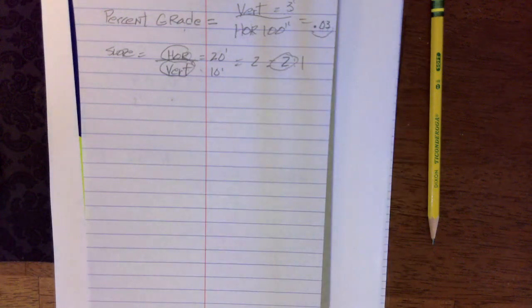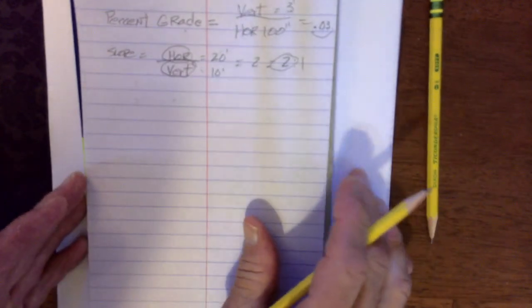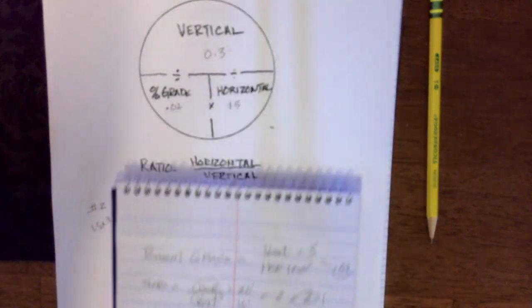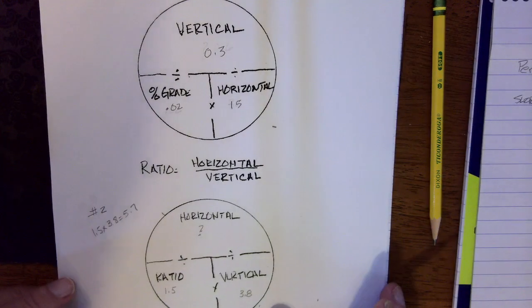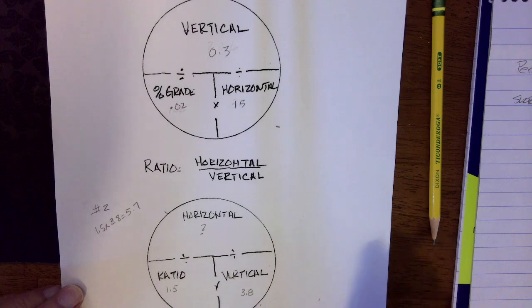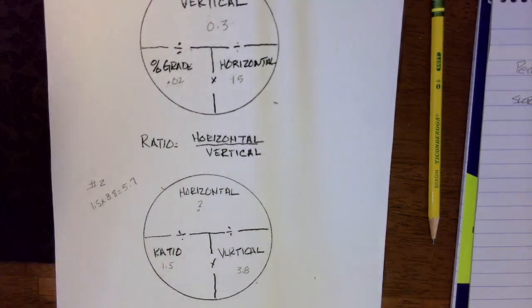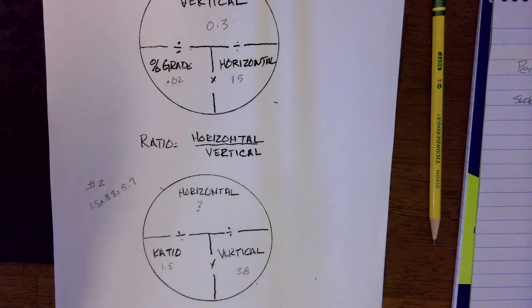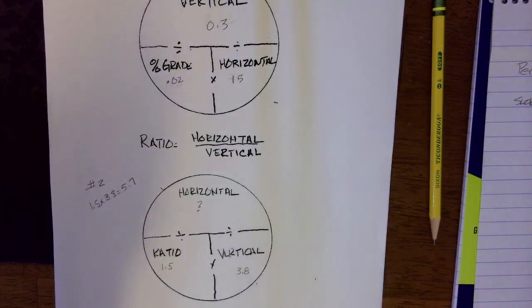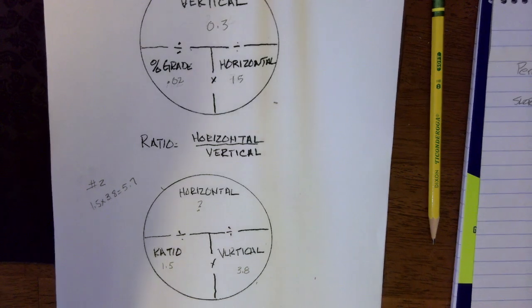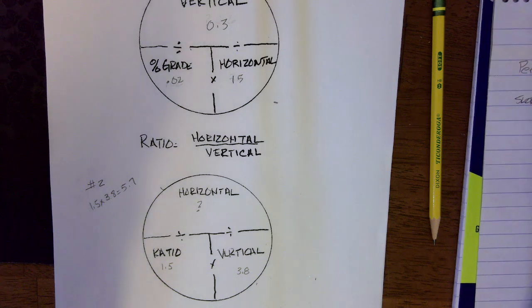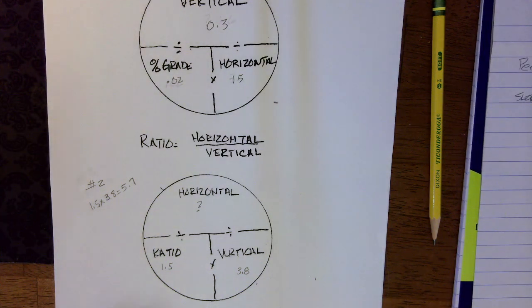I'm going to show you something here in just a second. It's got some writing on it, so I'm just going to leave it on there for right now because it's a problem we're going to do later. Now, to get out of all this algebra, I have to get the thing I don't know, which in each case was the percent grade, on one side and all of the numerical stuff on the other side.